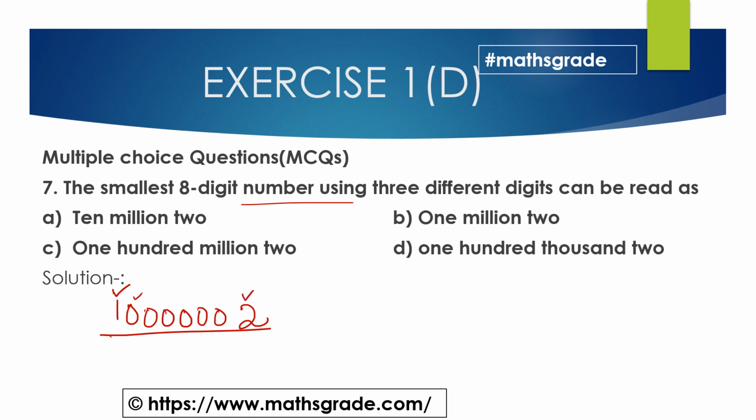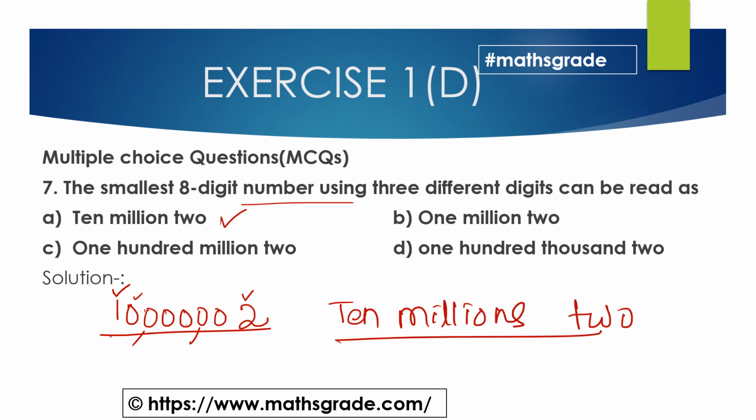So there are 3 different digits in the smallest 8-digit number, and with the comma it will be 10 million 2. So option A is correct.